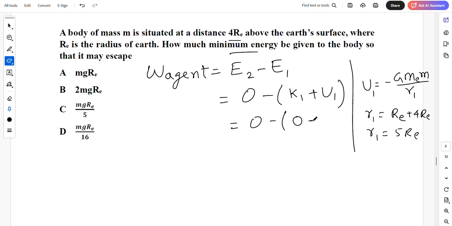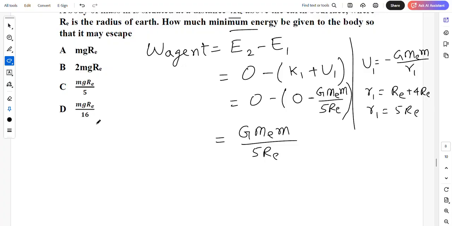Therefore minus G Me m divided by 5 Re. Minus of minus is plus, that is G Me m divided by 5 Re. These kinds of problems we have done in the previous videos also. Kindly go through them, you will understand why I am directly using this formula, E2 minus E1. Now, let us see the answers. The answer is not getting matched.